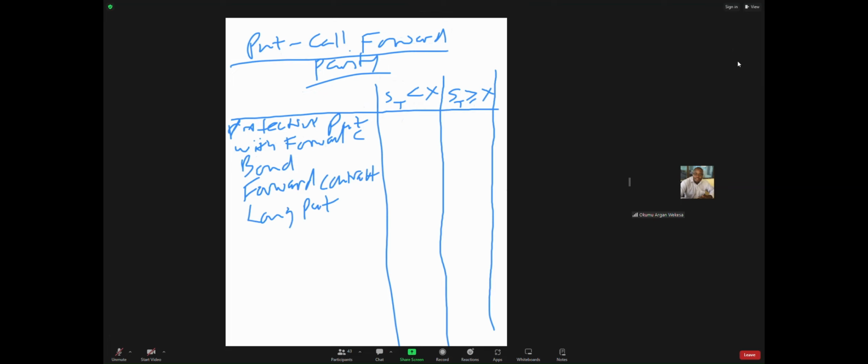So you have the forward contract. Risk-free bond is supposed to give you cash which is equivalent to the forward contract price. So this bond will give you the value of the forward contract bond, which is F0 expiring at T. The value of the forward contract will be ST minus the forward price.